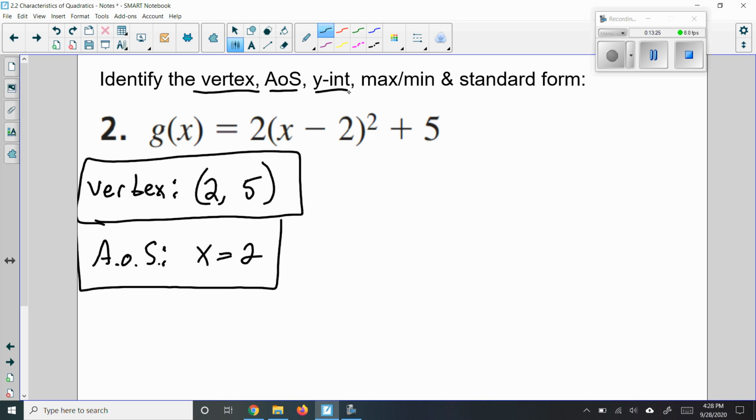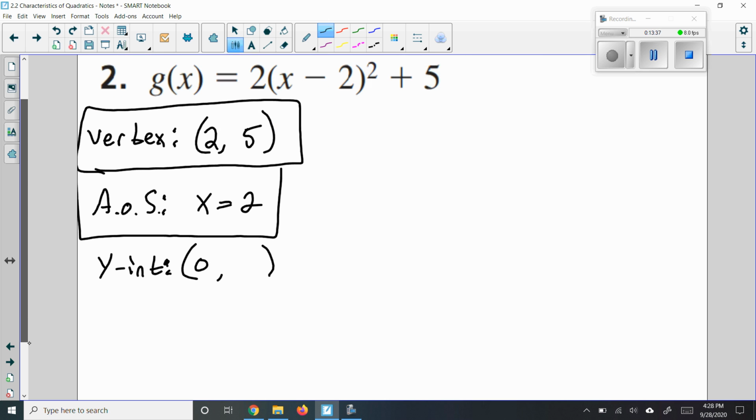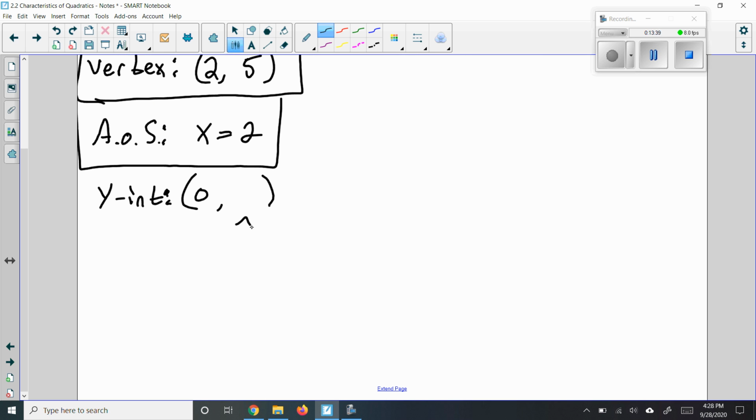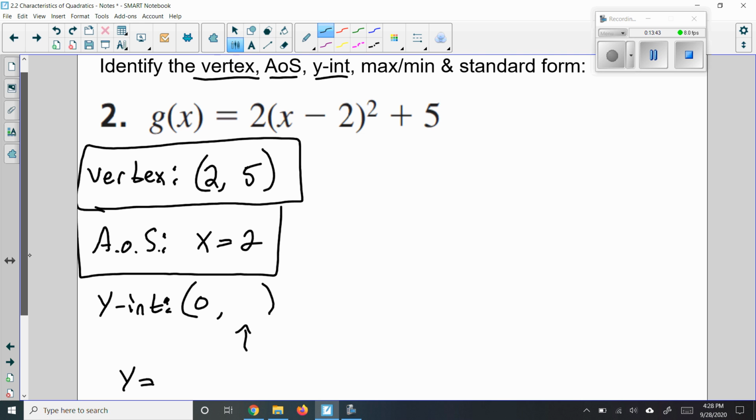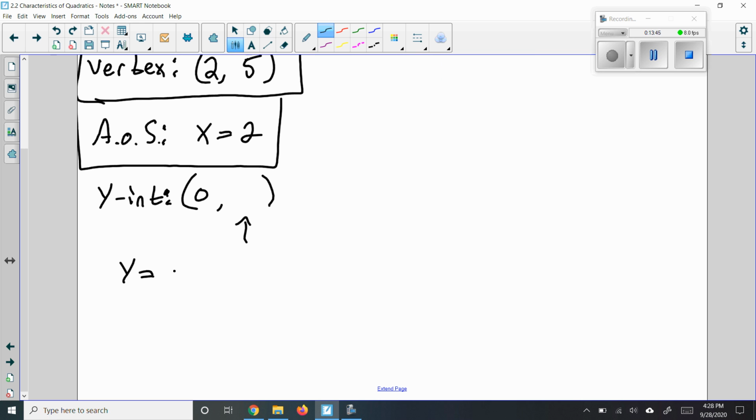The y-intercept is the point when x is 0. So to find this value, I simply substitute 0 in for x. So we have 2 times 0 minus 2 squared plus 5.